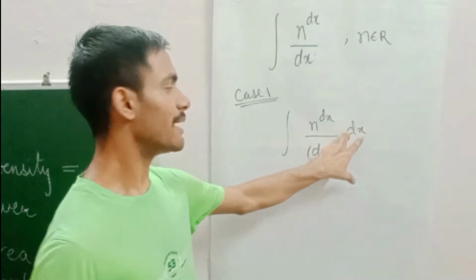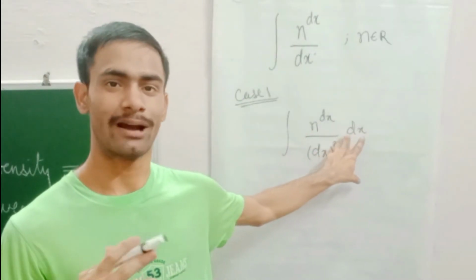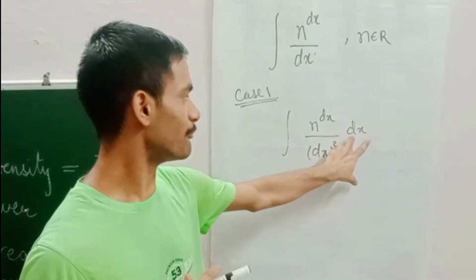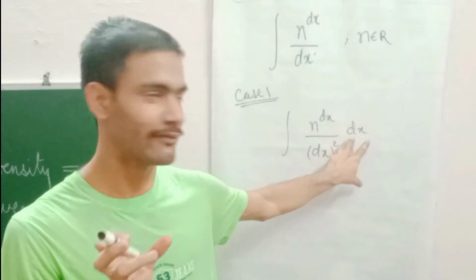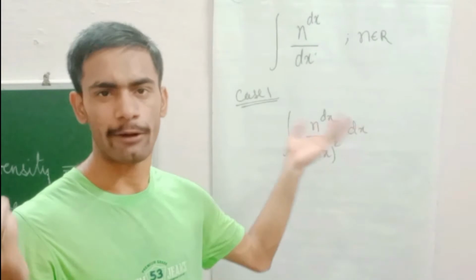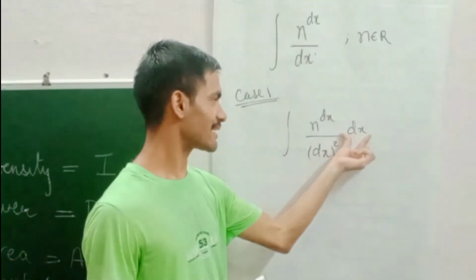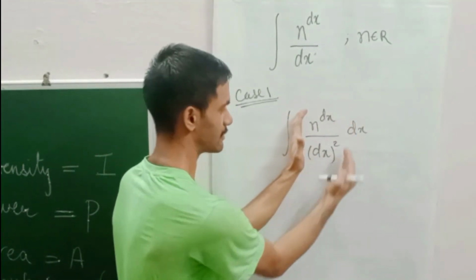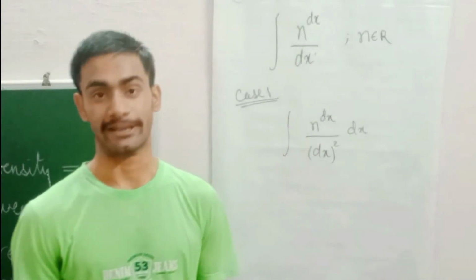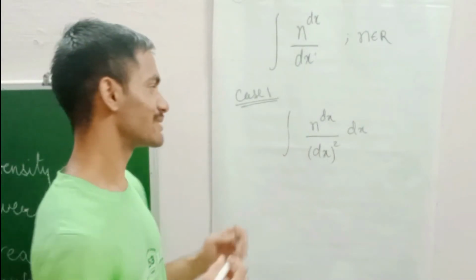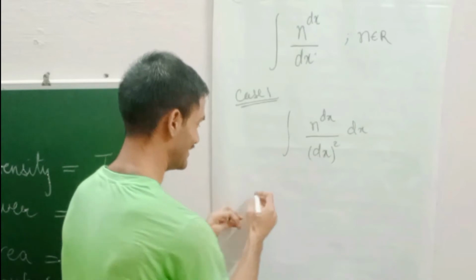I have made the formality that I have to do while doing integration, that some part should be there with a small value, dx, dt, d alpha, whatever you may take. Here dx, and this is some value that you have to manipulate. So what you may do is apply the limit.